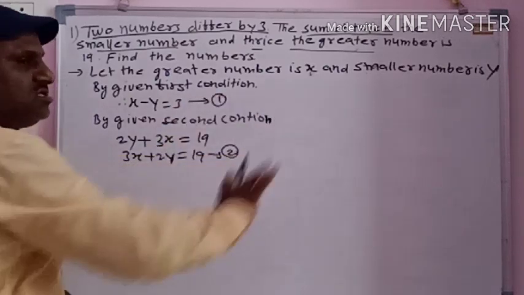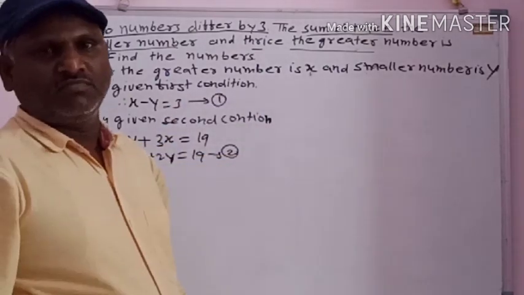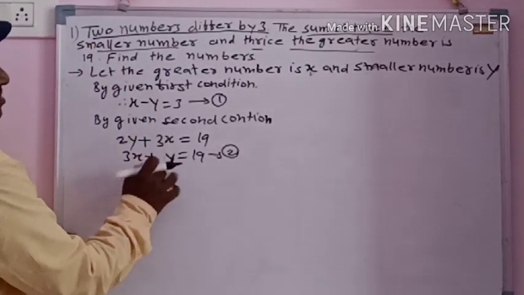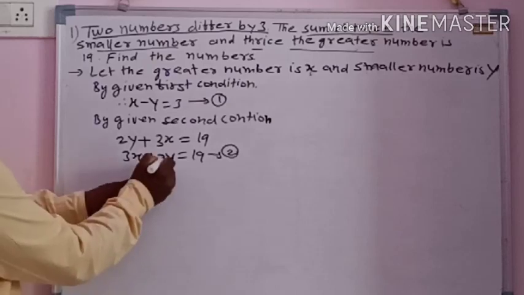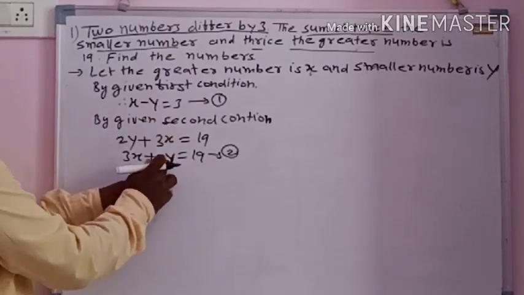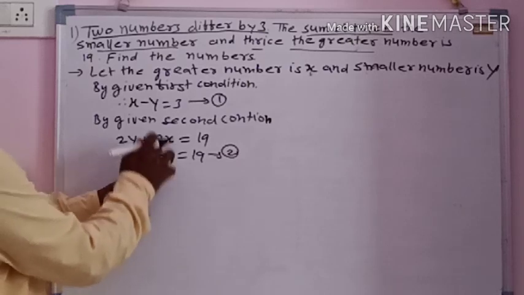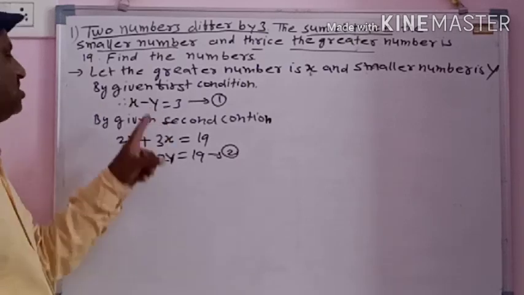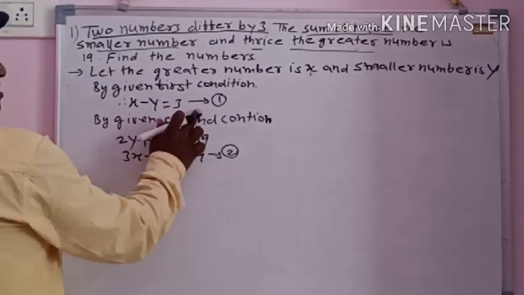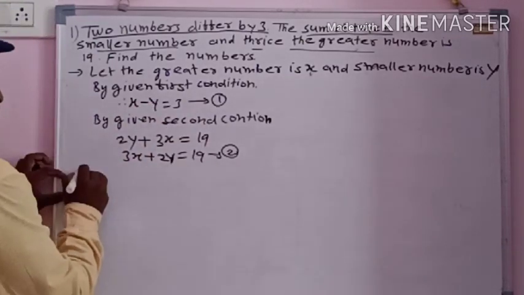Then solve these simultaneous equations by the equating coefficient method. Now see, the coefficient of y in the second equation is 2 and in the first equation is minus 1. Then multiply the first equation by 2.